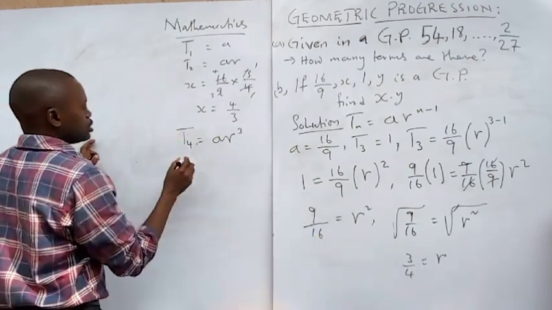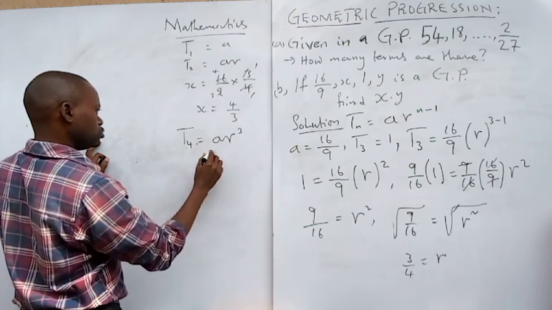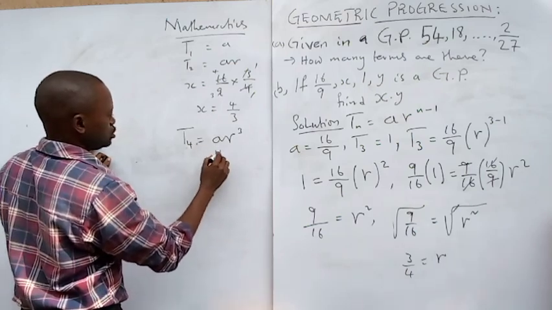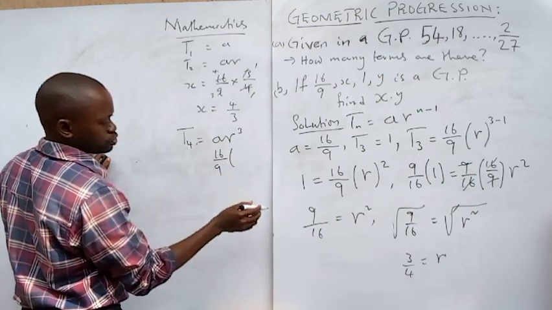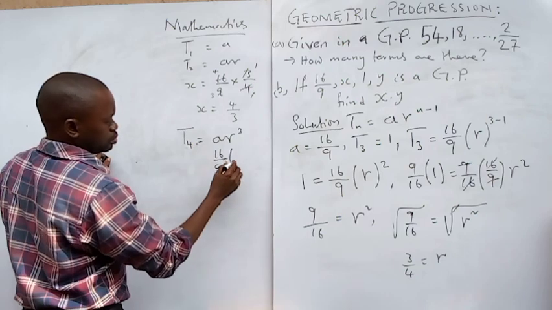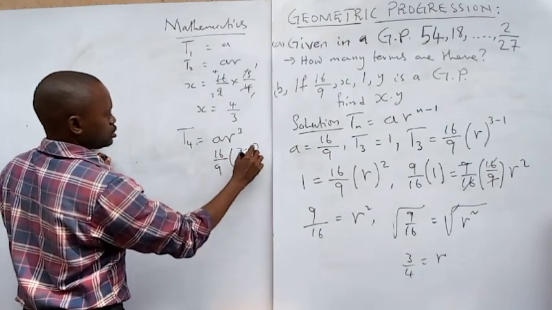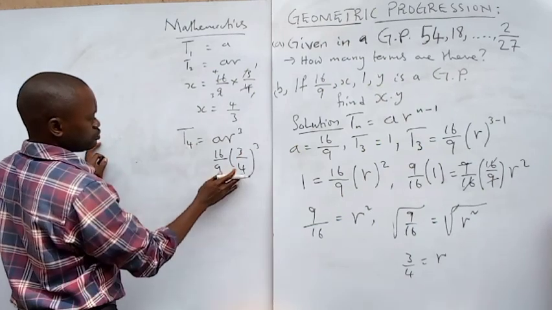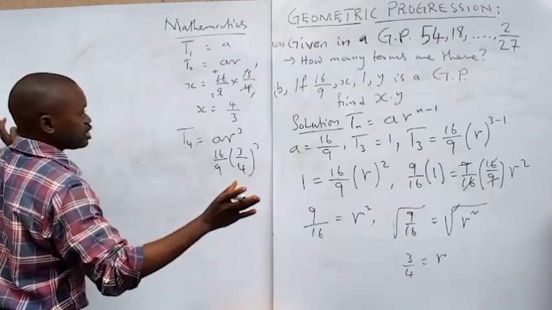Or you can say T4 is equal to the first term 16 over 9, then in brackets common ratio raised to power 3, which is 3 over 4 raised to power 3, which is 27 over 64. But let me not take your time, please.